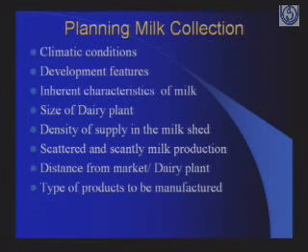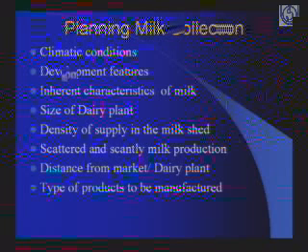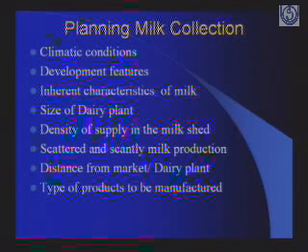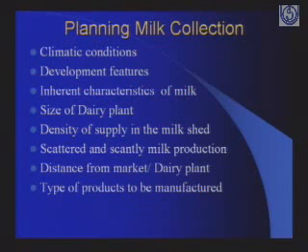Then development features, our infrastructure of road and other things is not as developed as in other dairy countries or in Western countries. Then inherent characteristics of milk. Milk is a very perishable commodity. If it is not collected and transported in hygienic condition, then there may be deterioration of the quality of milk.